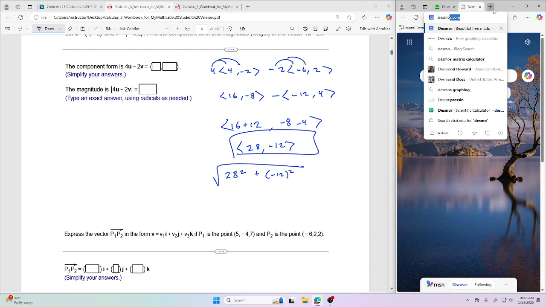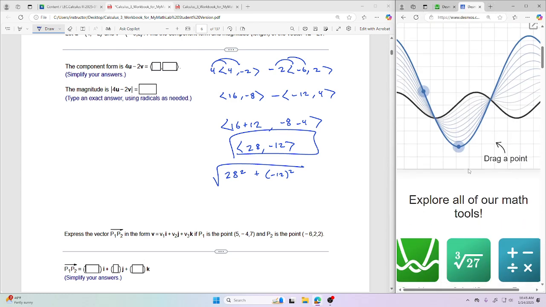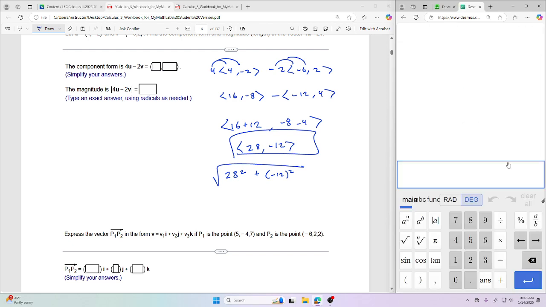Do I need that minus 12, or could I just write a positive 12? Yes, exactly right. So when I'm doing my math, I mean, to heck if I actually have to wait on typing negative 12. It's just 12. I know it'll be 12 because of the square, like you said.